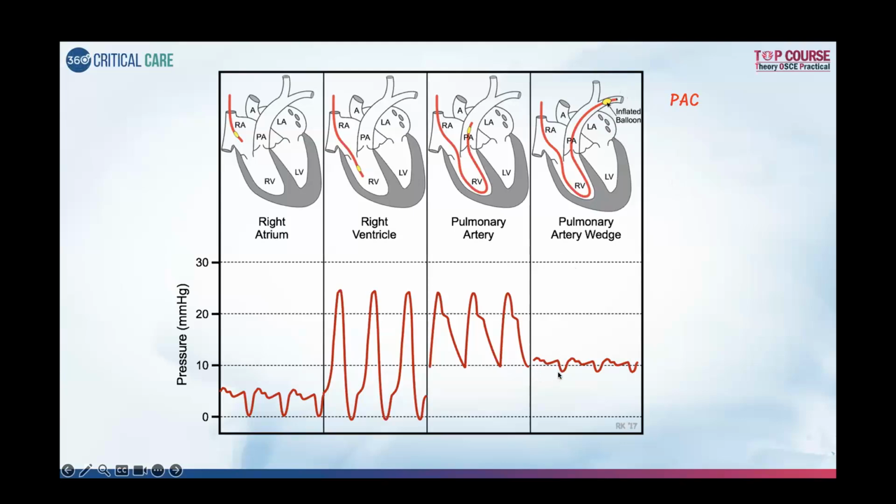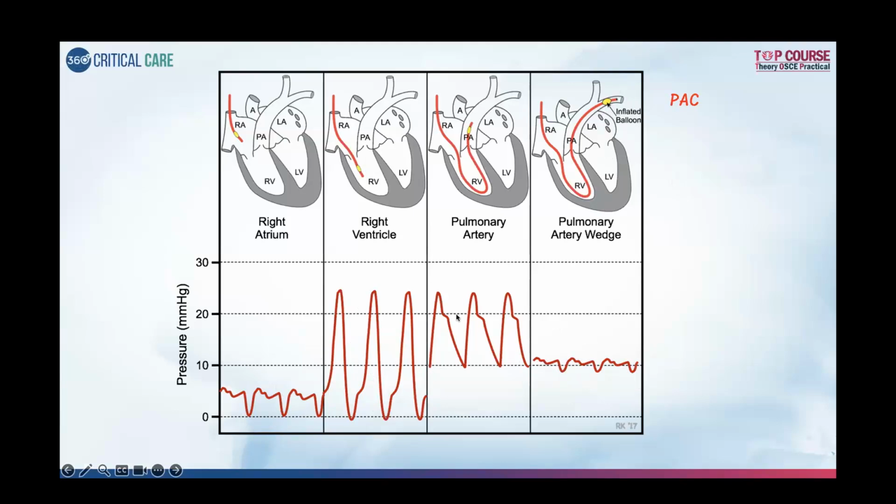That will again look like a CVP waveform, but the number will be much higher, as you can see here. Okay, so initially a CVP waveform in the right atrium, then a pressure like 20 by 0 or 25 by 0 in the RV, the catheter in the RV.